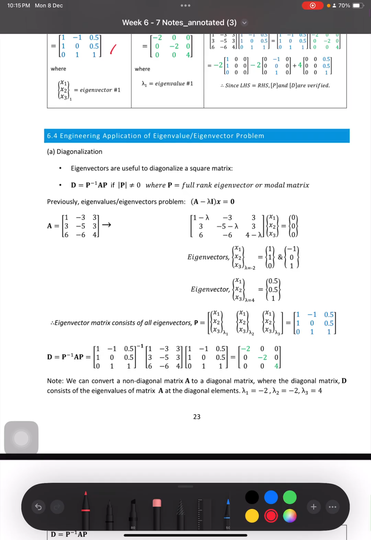So diagonalization means that eigenvectors are useful to diagonalize a square matrix. You can use the previous concept of eigenvalue and eigenvector to form a matrix, and from that you can get the diagonalization matrix.